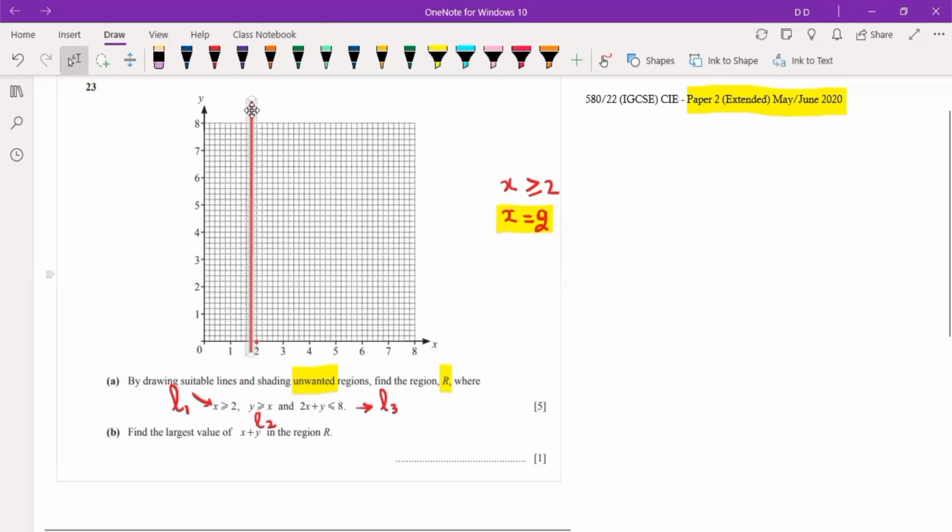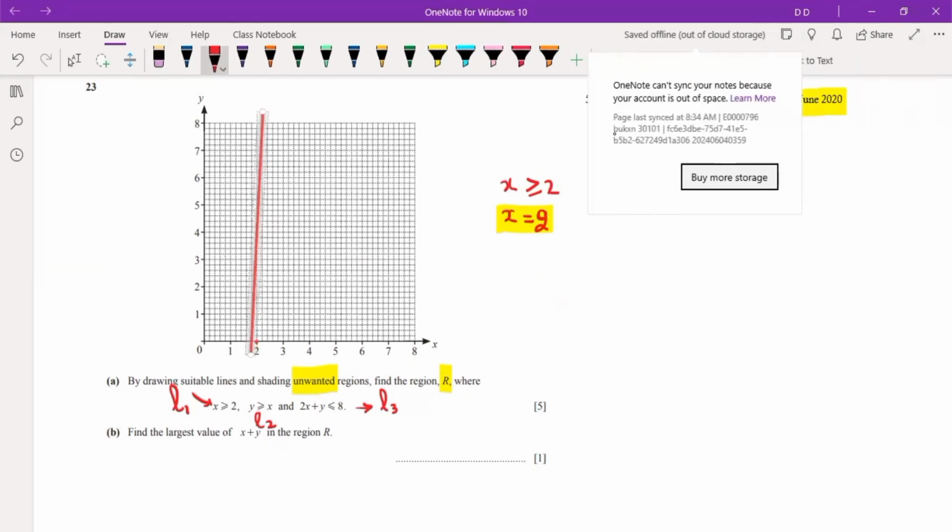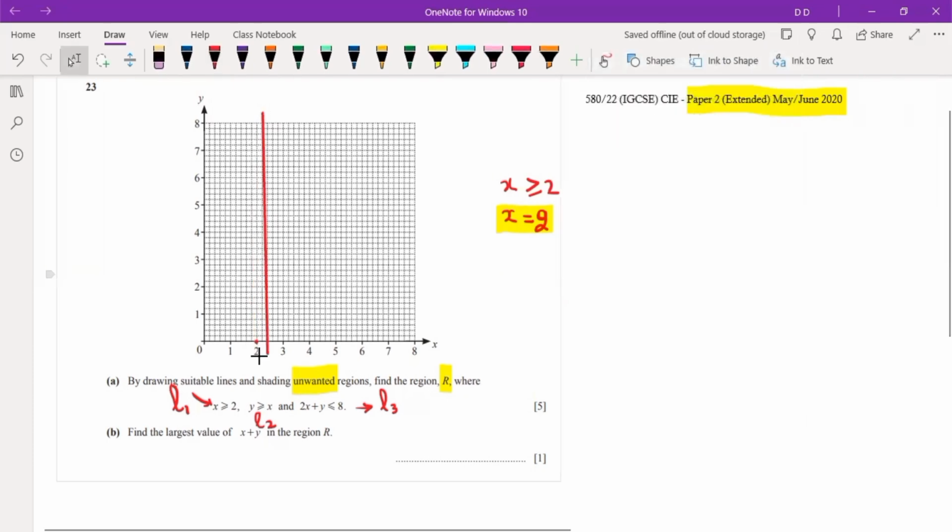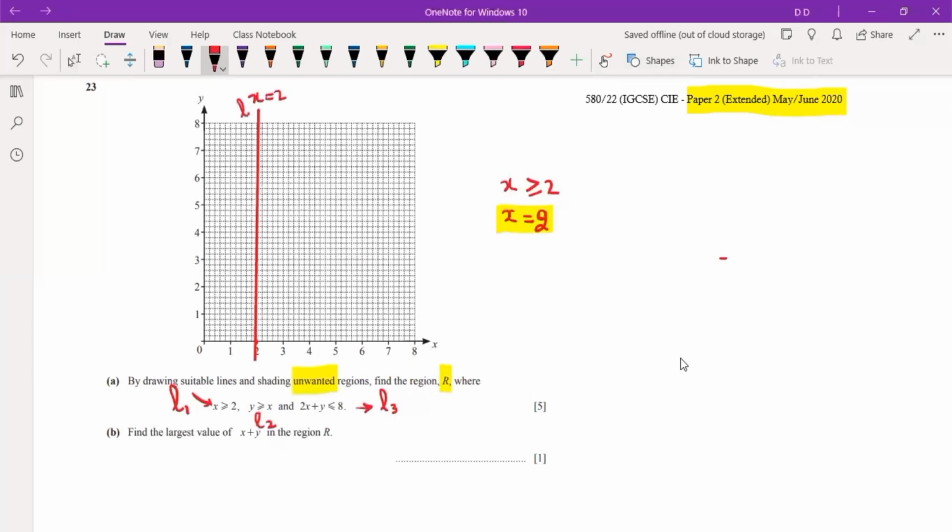Okay, fine. So it is x equals 2, or you can say it's line 1.